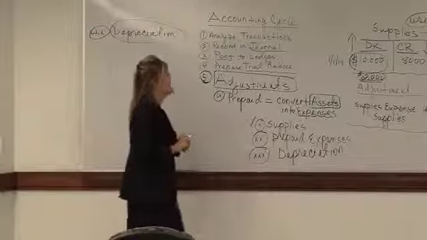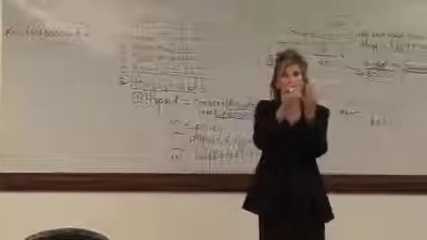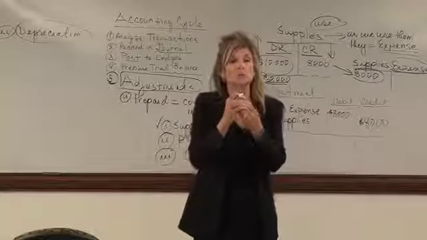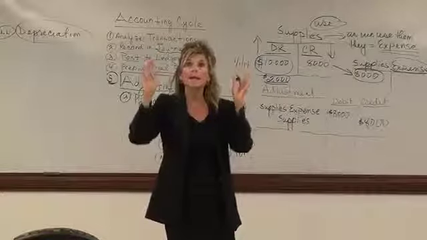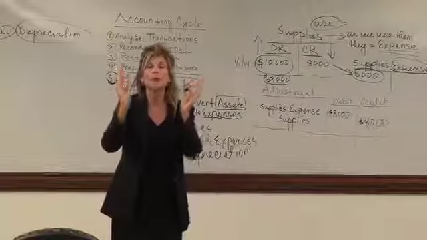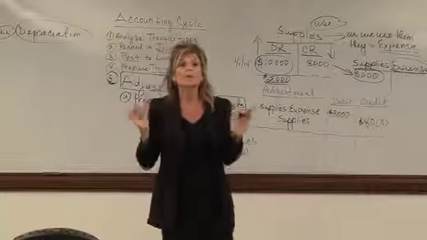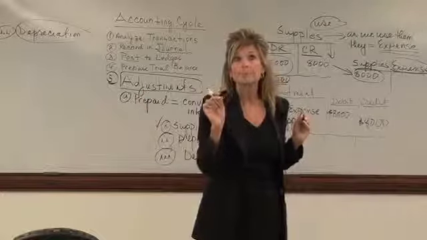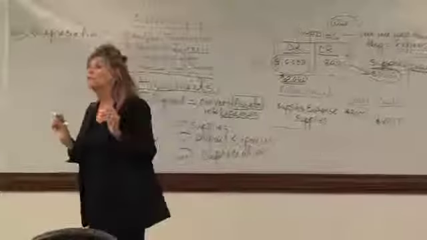What we see with depreciation is we will have property, plant, and equipment: building, machinery, furniture, fixtures, automobiles, trucks. Every item that falls under the property, plant, and equipment category, which we call non-current asset, except land, depreciates. What do we mean by depreciation?